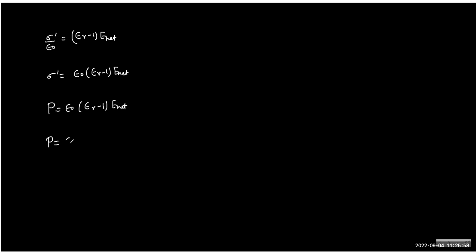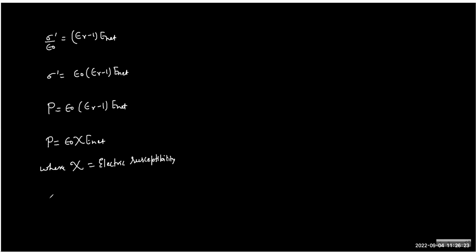And therefore the polarization we write as epsilon naught times chi into E net, where chi is called the electric susceptibility. Susceptibility is like sensitivity: how sensitive you are towards the applied field.